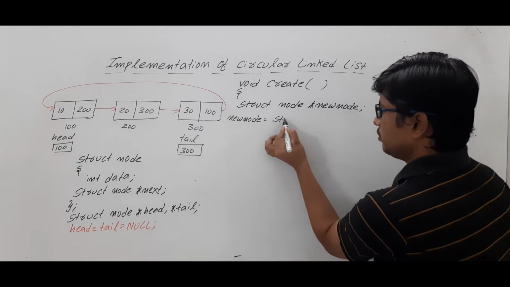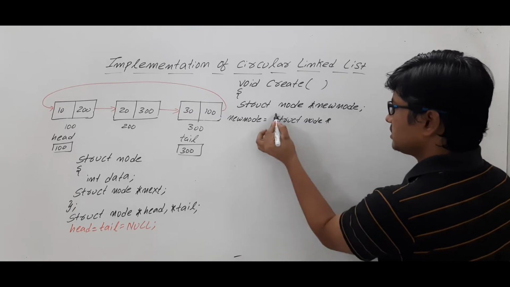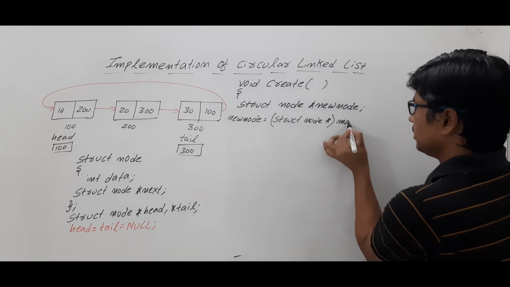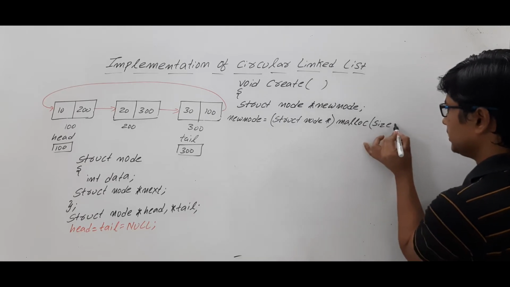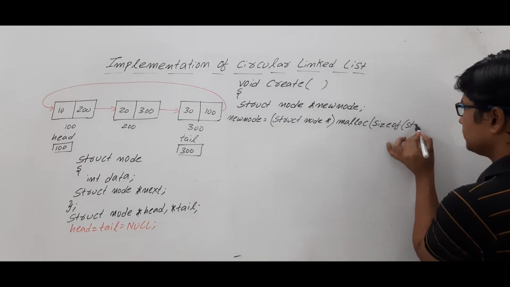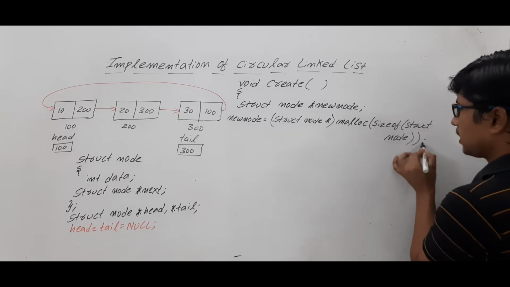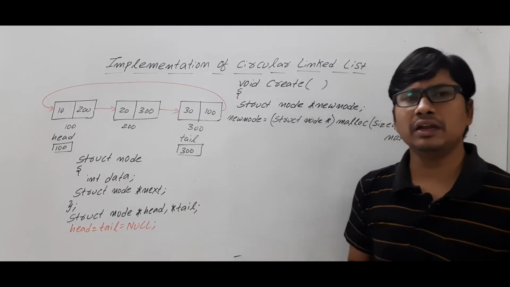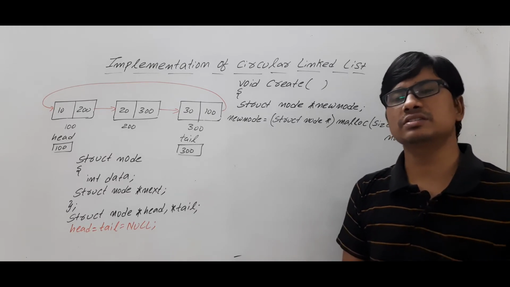So we will write struct node star. It is a typecasting. I will discuss once. Let me complete the entire one, then I will discuss in detail. Size of struct node. Now look at this one. If you want to allocate the memory dynamically, you can use malloc function or calloc function.